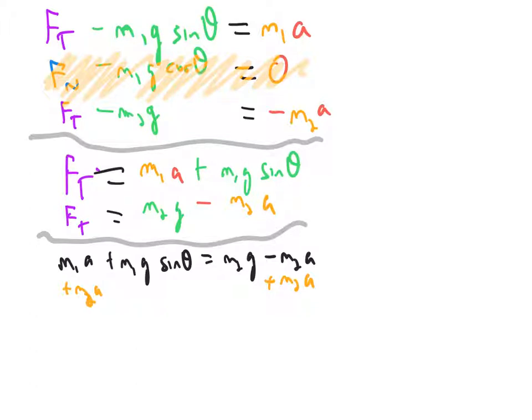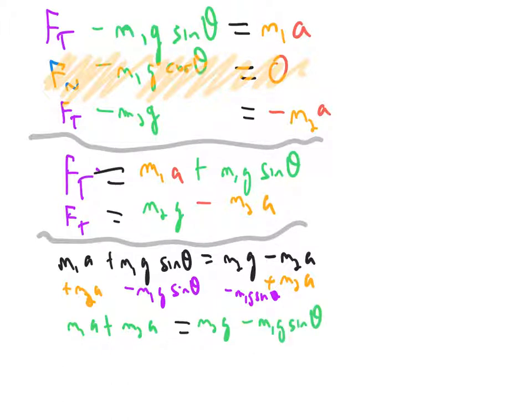And that means I want to get g on the other side by itself, so I'm going to subtract m1g sine theta from both sides. And that's going to yield for us m1a plus m2a on this side, and over here it's going to yield m2g minus m1g sine theta.